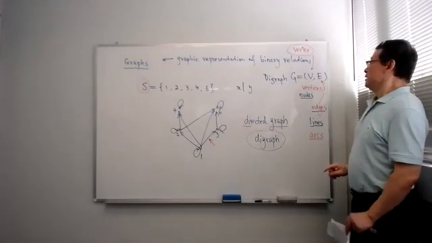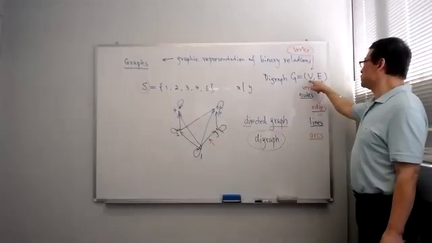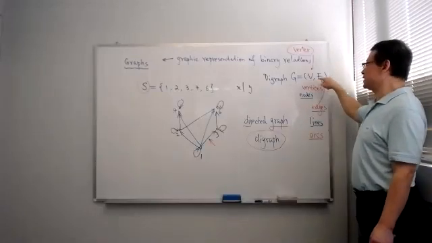All right. So this structure contains two parts. One is the vertex set, one is the edge set.